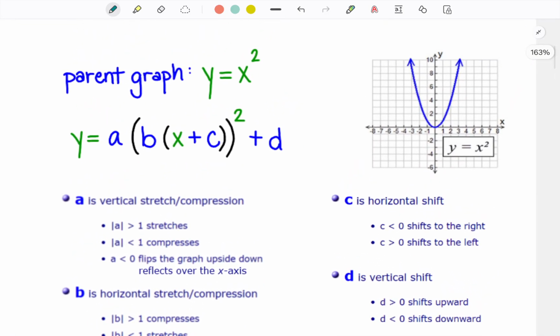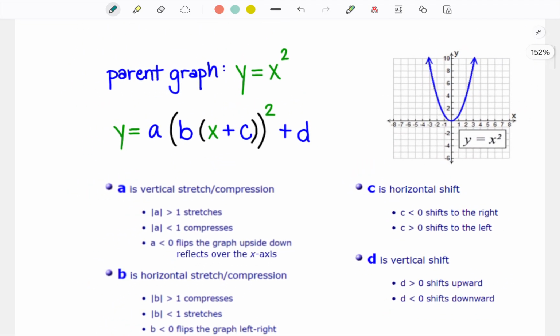Just to make things a little bit easier, for every single type of transformation, it always has a certain spot that it lands when it comes to the quadratic function. So A is that vertical stretch and compression. It's always right in the front. If A is greater than 1, it stretches the function like a rubber band.